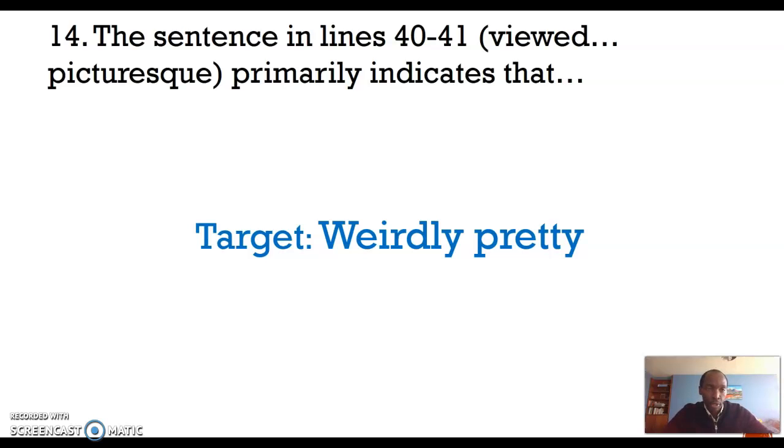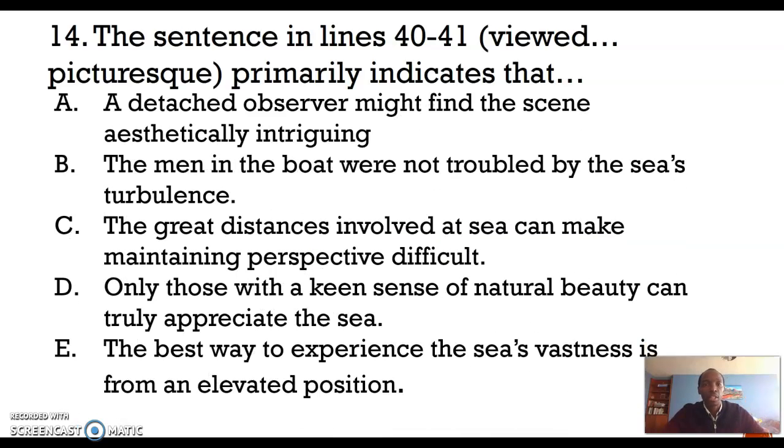So here you can refer to the text that you have in your own document. But if you take this target to the answers, you'll find that what most closely matches oddly or weirdly pretty is A, a detached observer might find the scene aesthetically intriguing. So this is what I meant earlier, sorry, when I said that inference questions tend to want you to have had a sense of the whole passage.